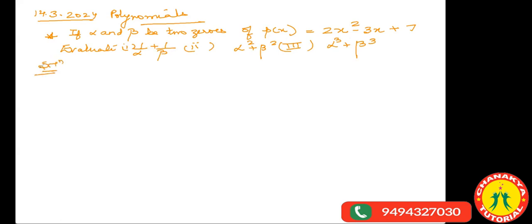So now, who will tell how to solve this question? Tell me. Ma'am, first middle term splitting. Yes, you can do the middle term splitting or use the sum of the zeros and product of the zeros.